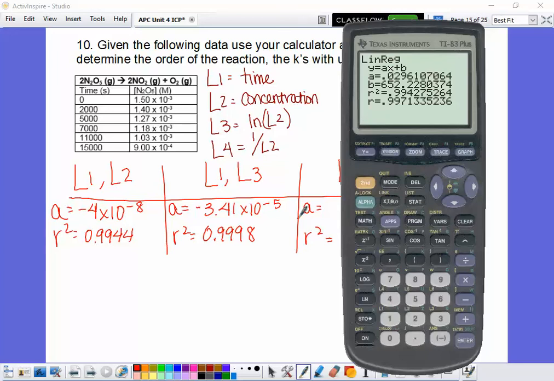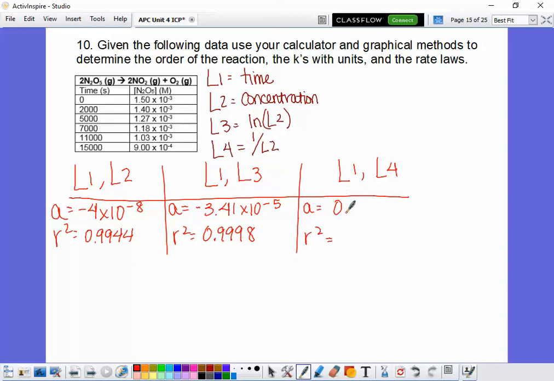So now on this, we're going to have 0.0296 and 0.9942. All right. Questions on that? And don't worry, I'm recording this, so if you ever need to walk through again how to clear a list or anything like that, you can always watch this video.